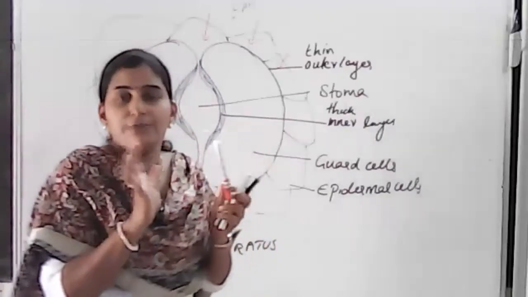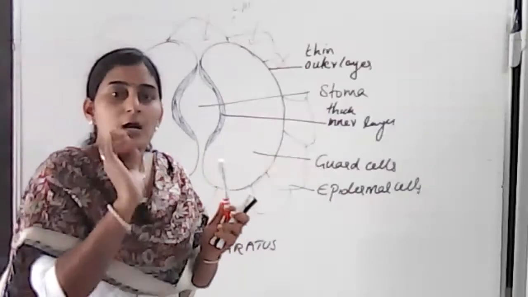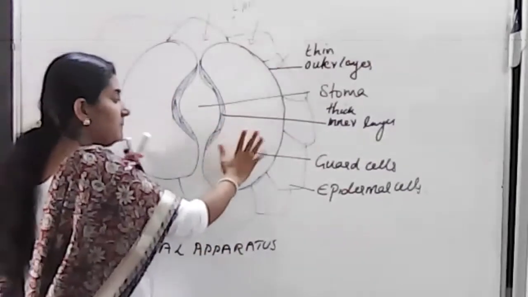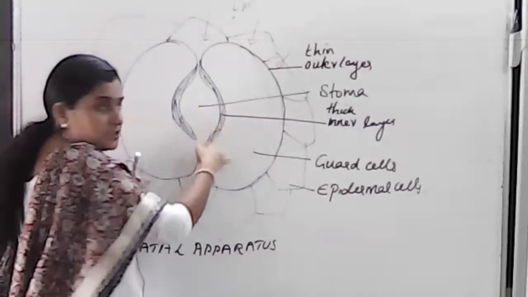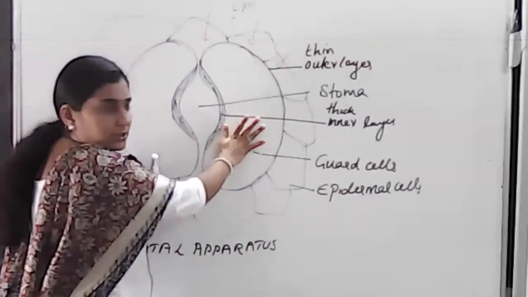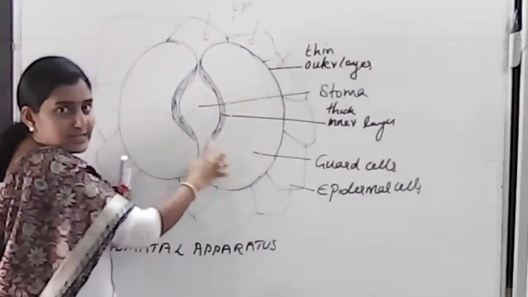If it is fully filled with air, it maintains its correct shape, isn't it? That heart shape will be maintained when it is fully filled with air. In the same way, this guard cell maintains its correct kidney shape when it is fully filled with water. So what will happen? The inner walls will move towards the inside.